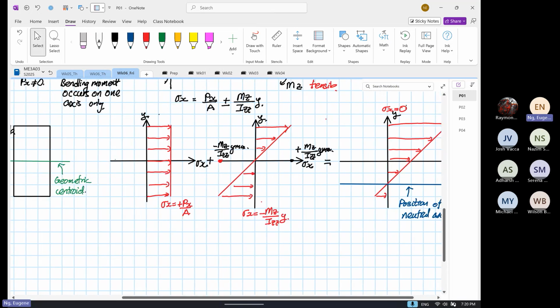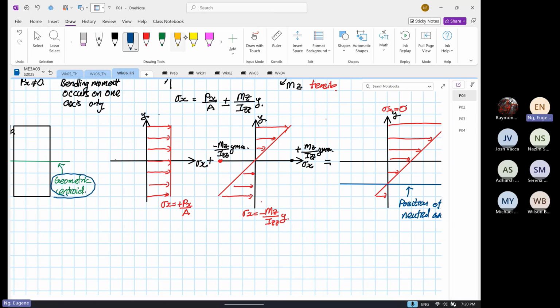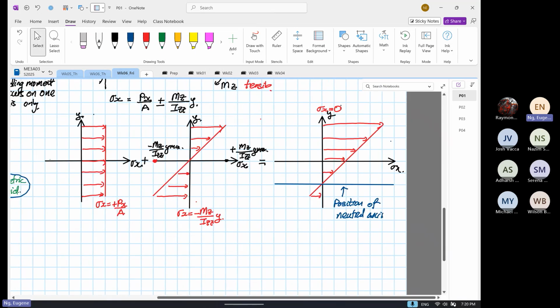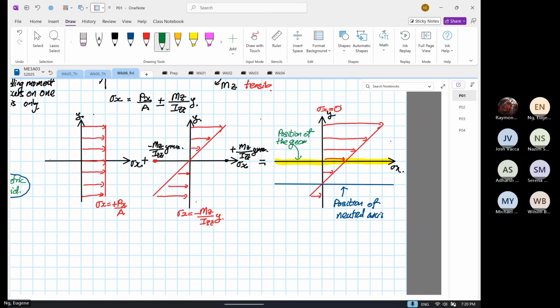So what I want to highlight is this line over here, which I'm going to highlight in yellow now. This is actually also the position of the geometric centroid.